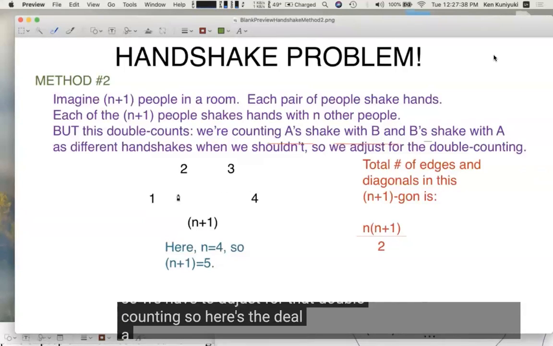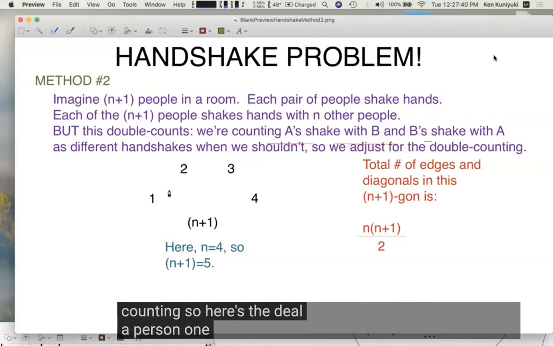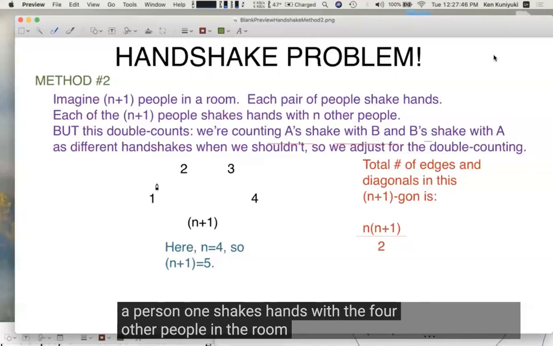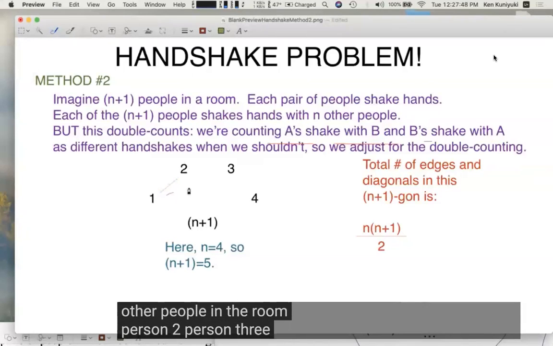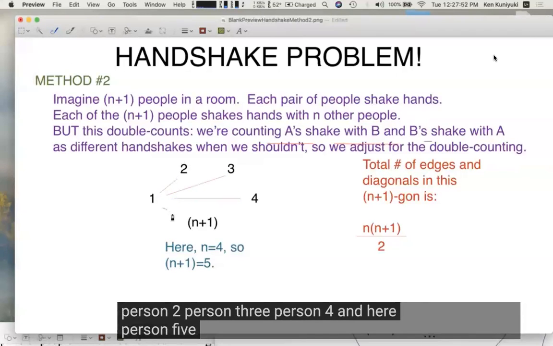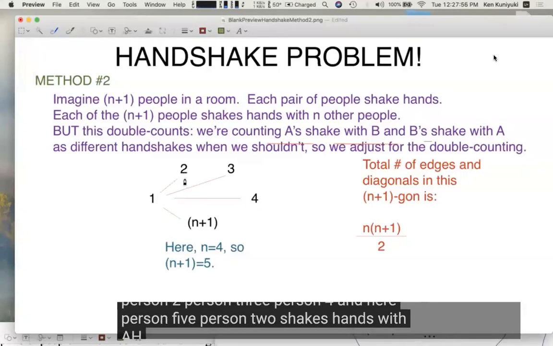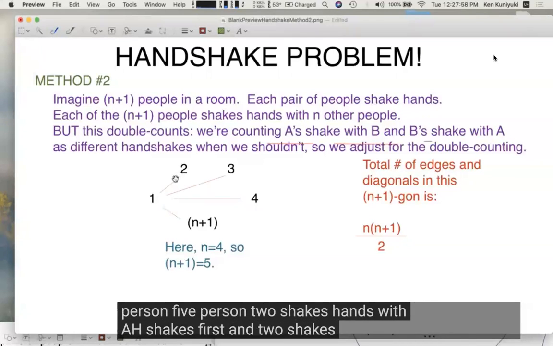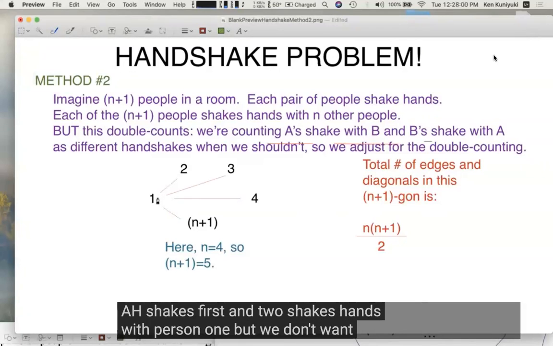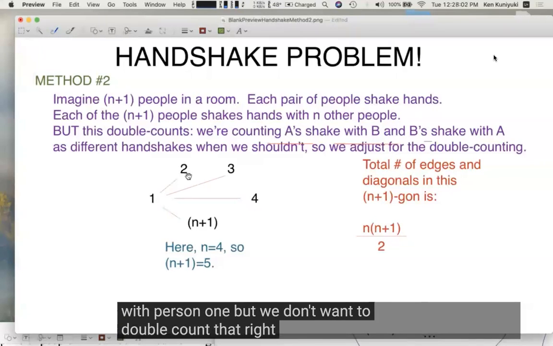So here's the deal. Person 1 shakes hands with the 4 other people in the room. Person 2, person 3, person 4, and here person 5. Person 2 shakes hands with person 1, but we don't want to double count that, right?